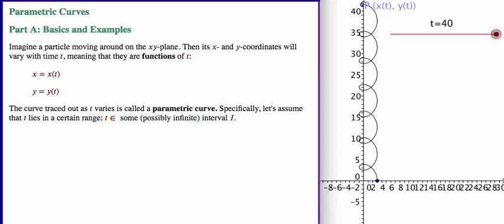Mathematically, by the way, the actual curve that's traced out is the set of all points (x of t, y of t). Where I see there's a parenthesis missing, so let me add it in there. There it is. The set of all points (x of t, y of t), where t is in the interval, as t varies in this case from 0 to 40.